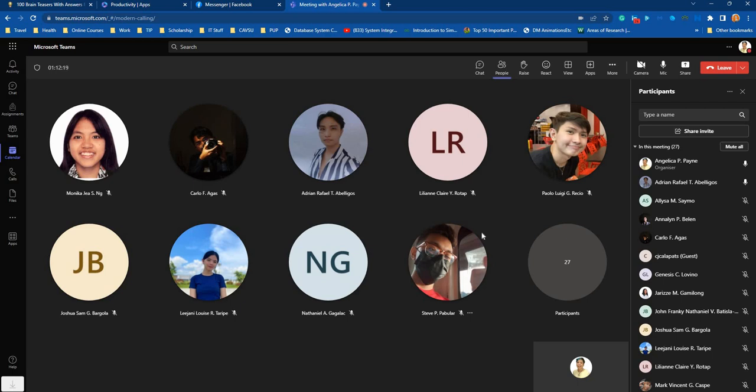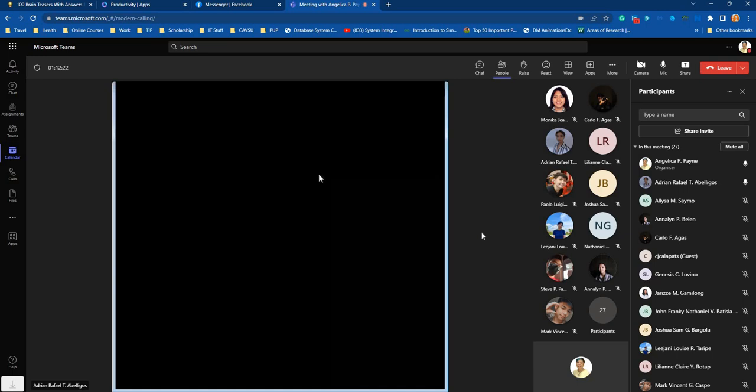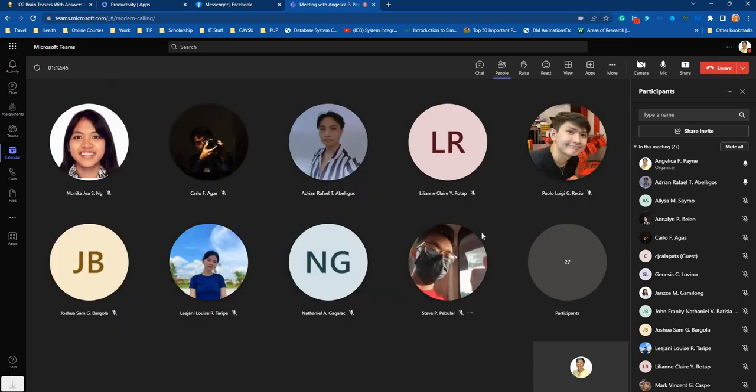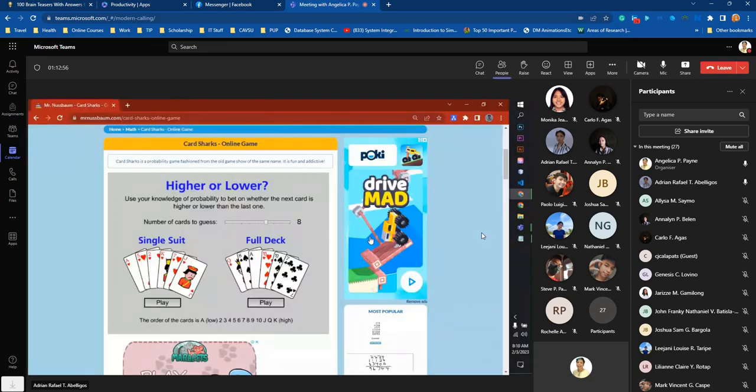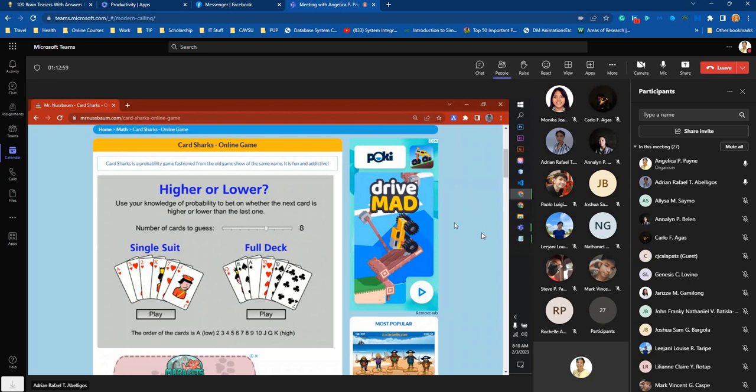Meron lang silang ina-address na technical problem. Ayan po, miss. Black pa rin. Pero may puting guhit sa side, pero yung loob is black. Ano nakikita nyo? Anong nakikita nung iba? Clear po, ma'am. Itim yung background. O, same yung background. Okay. Siguro, try mo dun sa sharing option. Baka kailangan naka-full share. Ayan. So, nakikita namin. Okay na po, miss. Okay na.